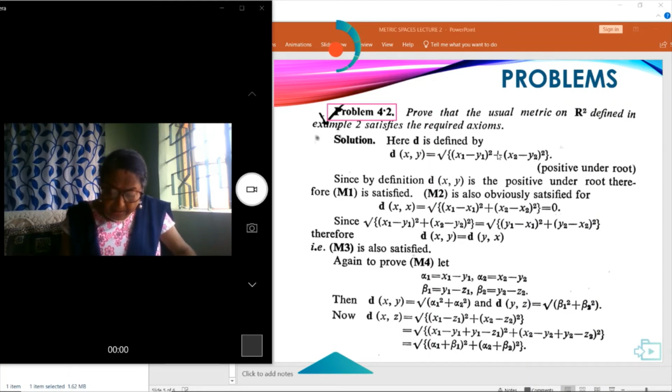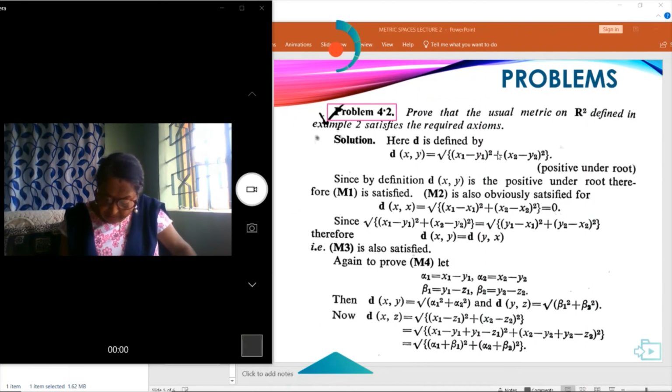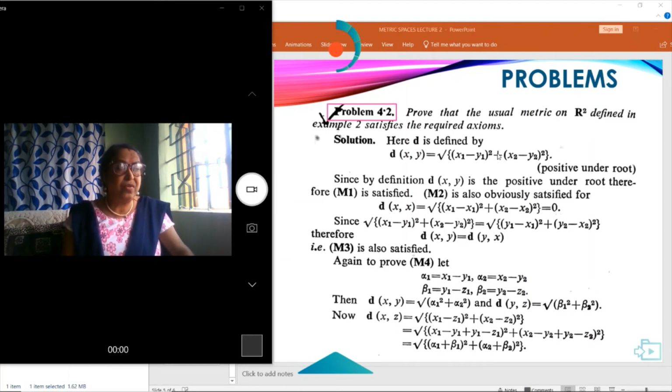Now, the root of (alpha 1 plus beta 1) whole square plus (alpha 2 plus beta 2) whole square is less than or equal to the root of alpha 1 square plus alpha 2 square plus the root of beta 1 square plus beta 2 square, which after further calculation gives 0 is less than or equal to (alpha 1 into beta 2 minus beta 1 into alpha 2) whole square, which is a non-negative number, and so is always true.